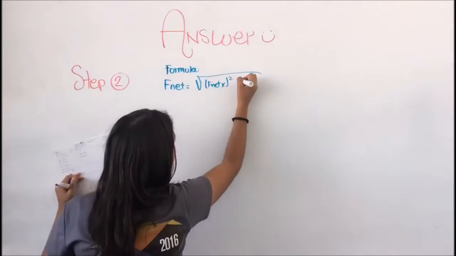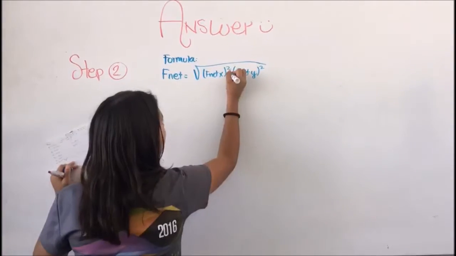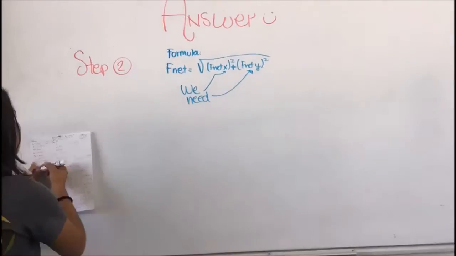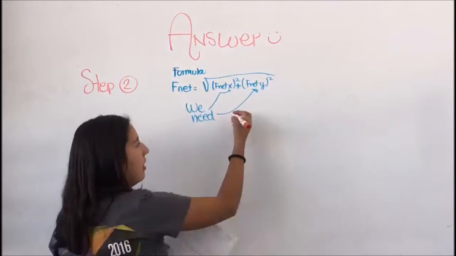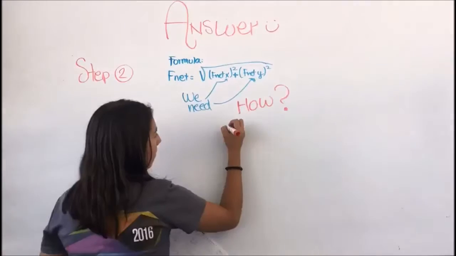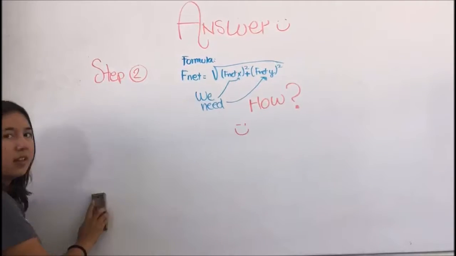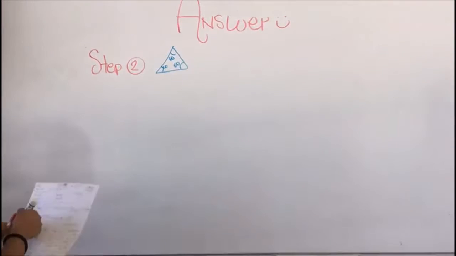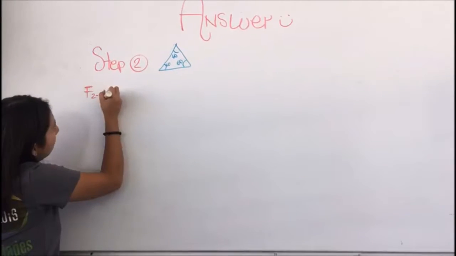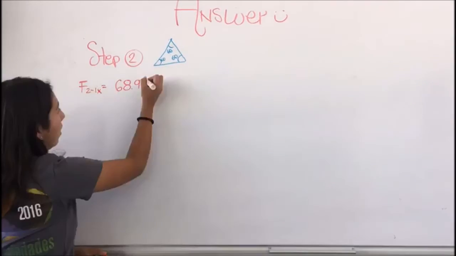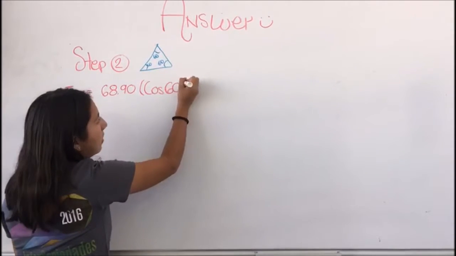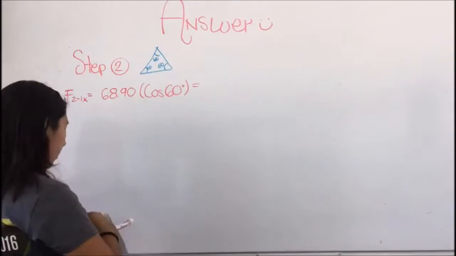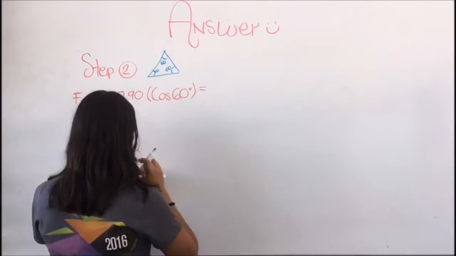And the second step, we're going to get the x and the y of F 2 to 1 and F 3 to 1. So we know that we have an angle in each side of the triangle of 60. So we're going to take that to make the formula. So now that we know that, we're going to take the value of 2 to 1, that is 68.90, and we're going to multiply by cos of 60, and that's going to be our result of F 2 to 1 x.